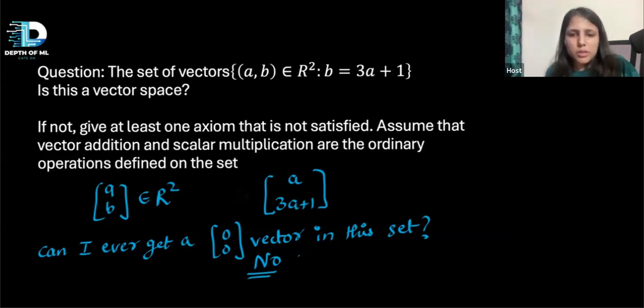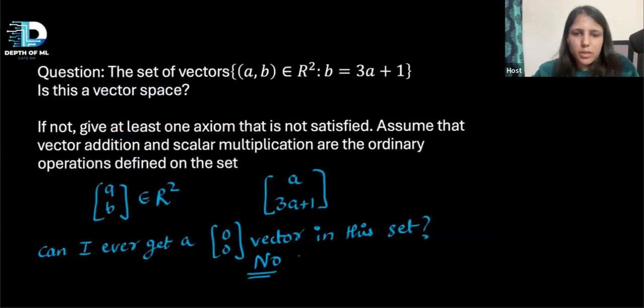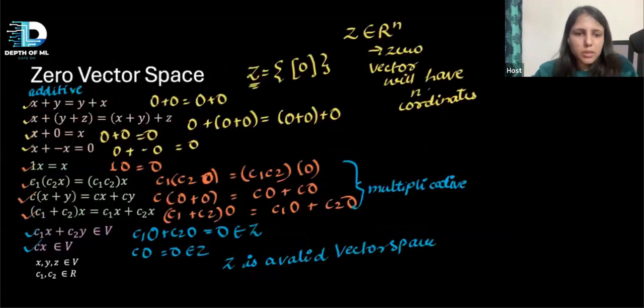I don't see why this is not closed under multiplication. So 1 times x, I will get the same element. If I multiply with scalars, I'll get the same value.